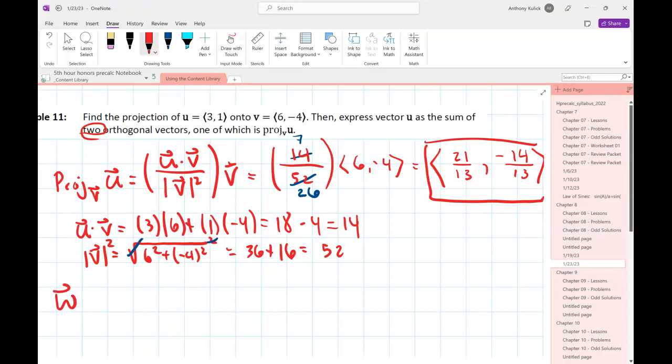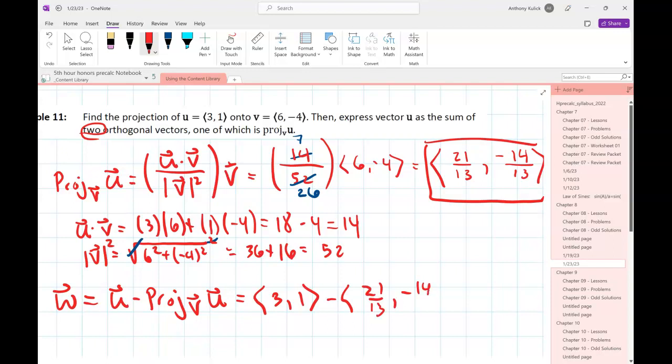To get my other vector, I'm going to call W. I'm going to remember that that is U minus the projection of V onto U. So 3,1 minus 21 over 13, comma, negative 14 over 13.